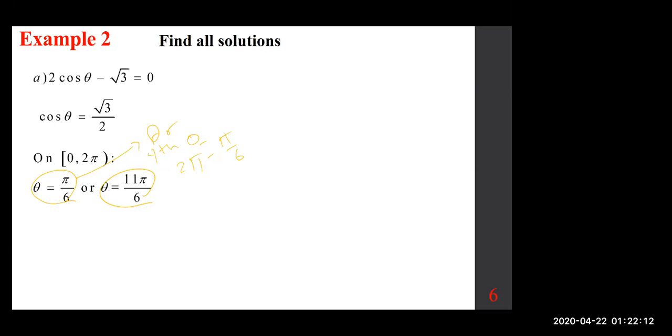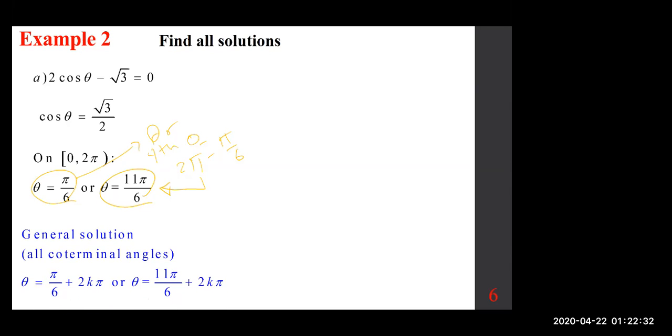So this would be the second one from 0 to 2 pi. Now, if we want from 0 to 2 pi, we are done. But if the question is find all solutions, then all you have to do is add 2n pi or 2k pi, where n or k are both integers. Is everybody following that? Are there any questions?